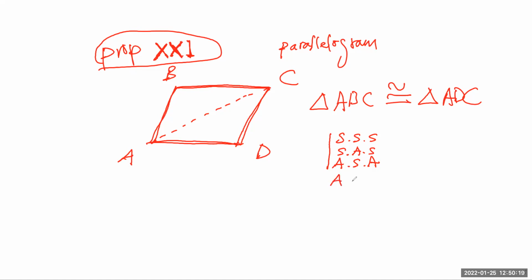Of course, we also have angle, angle, side. But those three are the main ones. Okay, so how do we do that? Now, what we see is that BC is parallel to AD, so that's given because by the definition, a parallelogram is that.